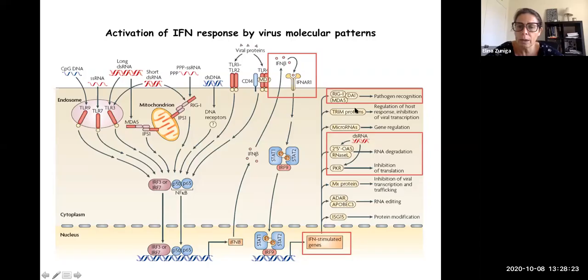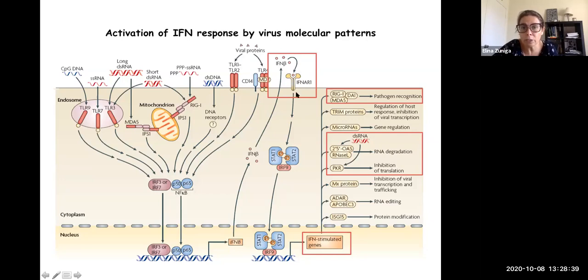In addition, it will induce some sensors of double-stranded RNA, which are not normally expressed in any cell under constitutive steady state conditions.